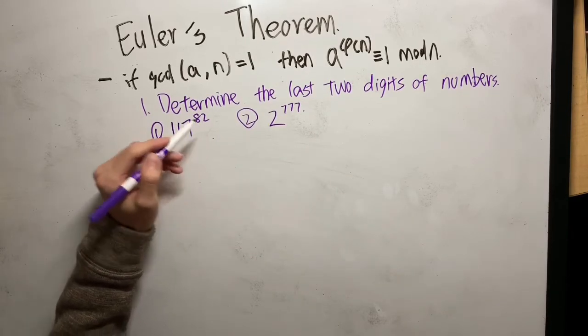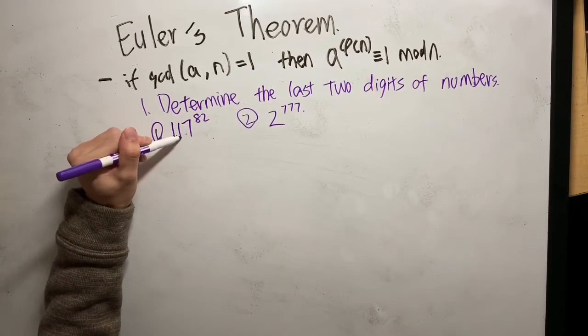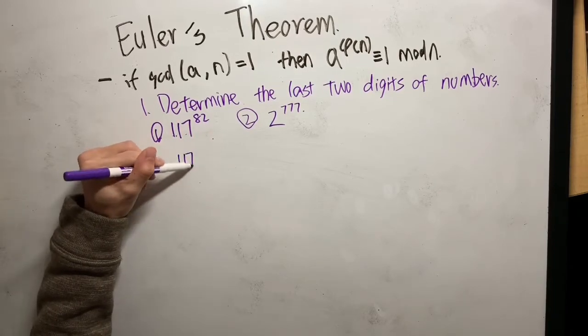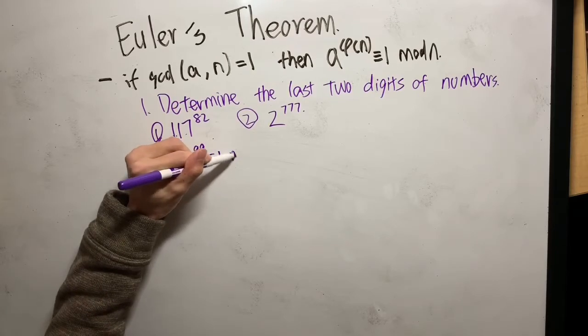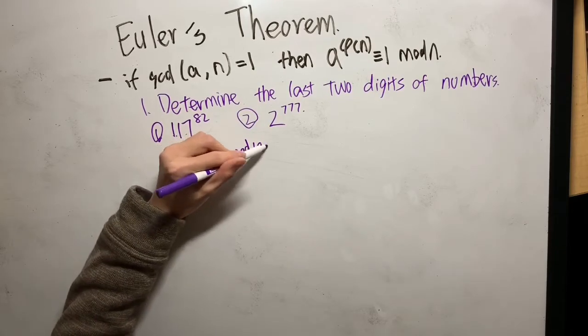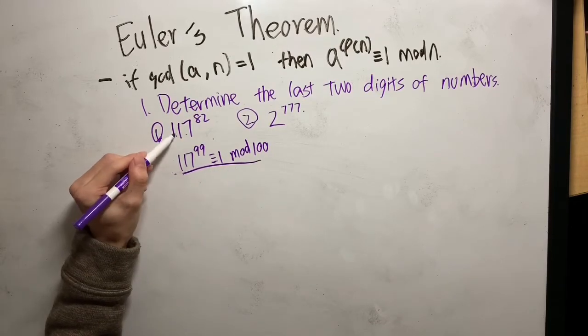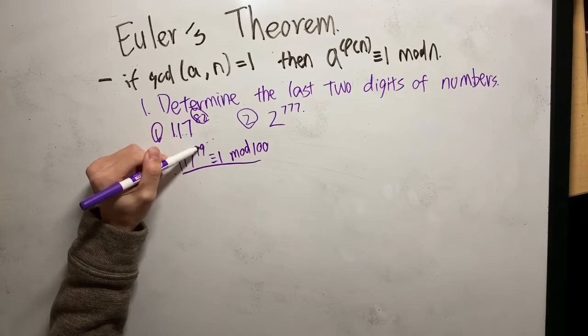We learned from Fermat's Little theorem that if 117 and 100 are relatively prime, then 117 to the power of 99 is congruent to 1 mod 100. But we cannot use this to find 117 to the power of 82, which is less than 99.